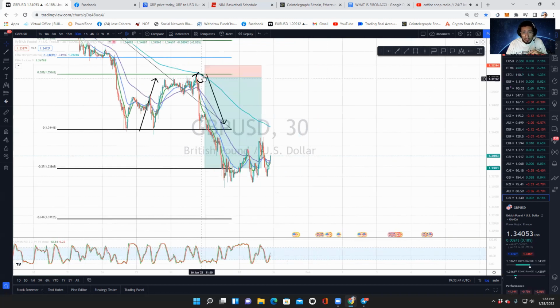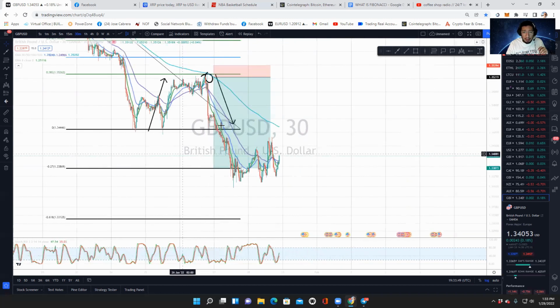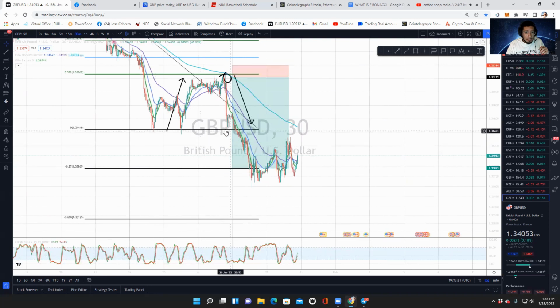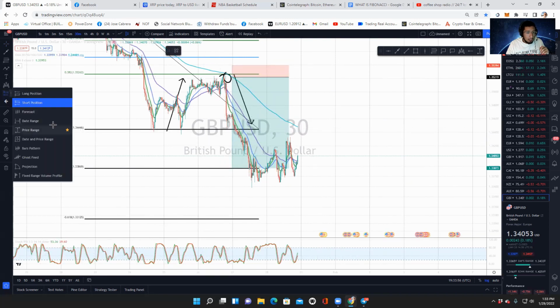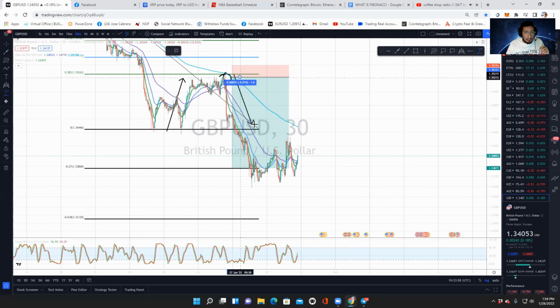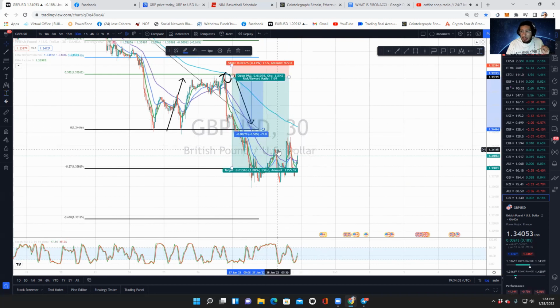So if you would have caught the trade up here, you could have easily taken a safe trade down to this level, back to the floor, and that would have been a very nice 70 pip move on GU.